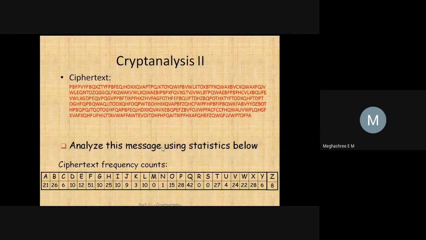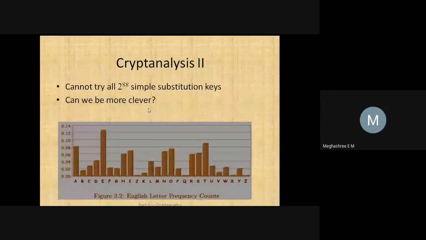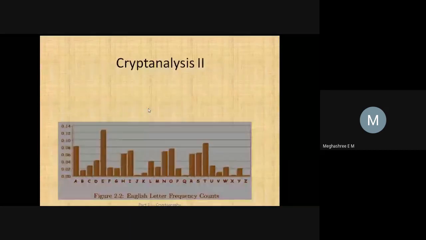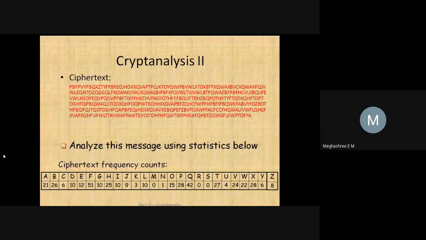Let's move to the next slide. This is the problem which I've considered, where he can't try 26 factorial possible ways. So what the attacker will do is find the statistics.